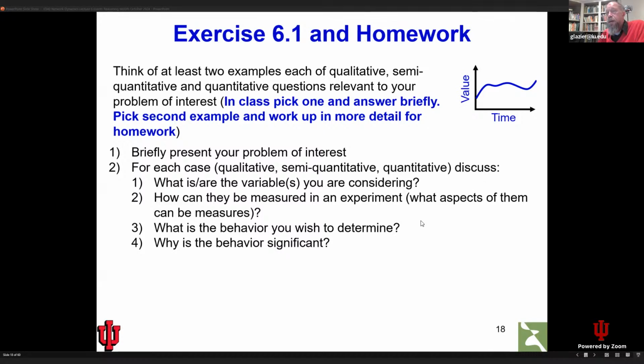But we could think about, well, let's talk about the P53 example. So what would a qualitative question be for the P53 oscillator? What could be a qualitative question? I don't have the diagram in front of me, so I don't remember what the controls are.